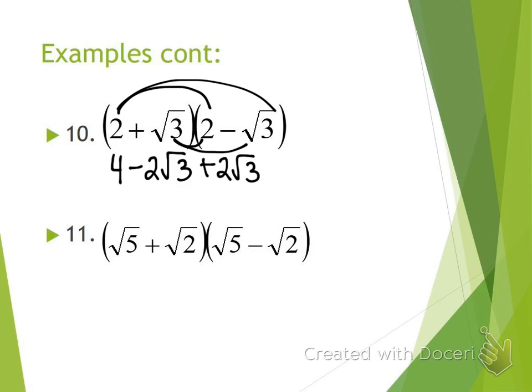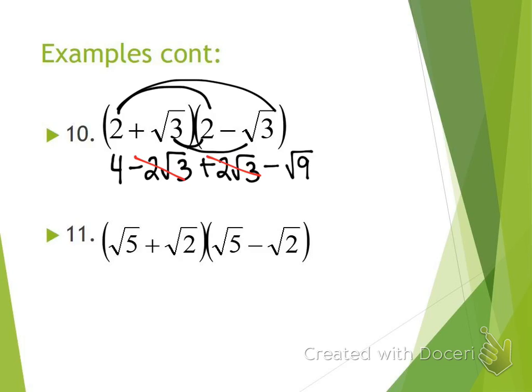And root 3 times negative root 3 is negative root 9. What here is going to cancel out? 2 root 3. Okay, the plus and minus 2 root 3s. Okay, those go away. We got a negative and a positive of the same thing.